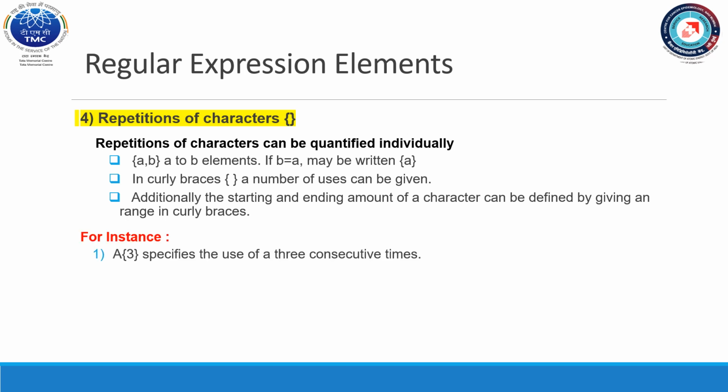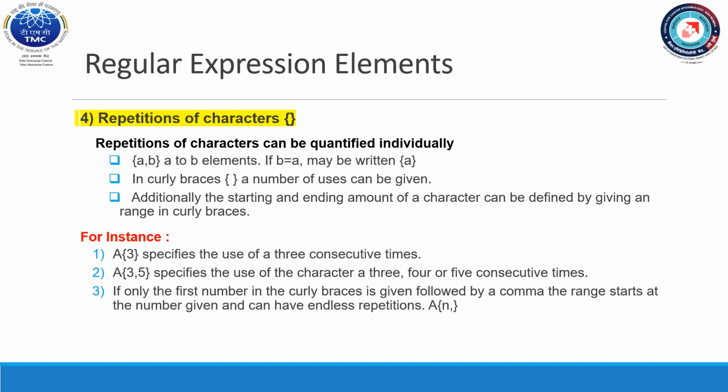For example, a{3} specifies the use of a 3 consecutive times. a{3,5} specifies the use of character a 3, 4 or 5 consecutive times. If only the first number in curly brackets is given followed by a comma, the range starts at the number given and can be endless repetitions, like a{n,}.